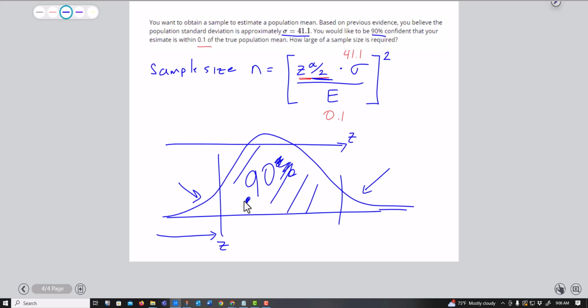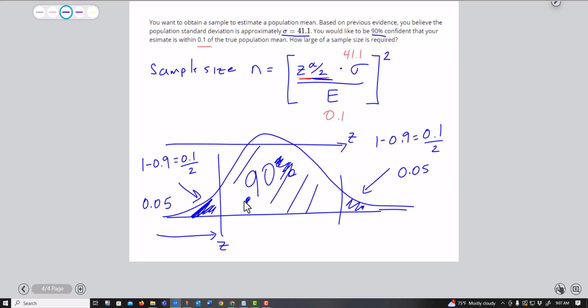So in other words, I would take 1 minus 0.9, which of course is 0.1. That's actually what they're calling alpha. And I divide that by 2. Why do I divide that by 2? Because half of the area needs to be here, and the other half of the area, 1 minus 0.9, 0.1, divided by 2, needs to be there.